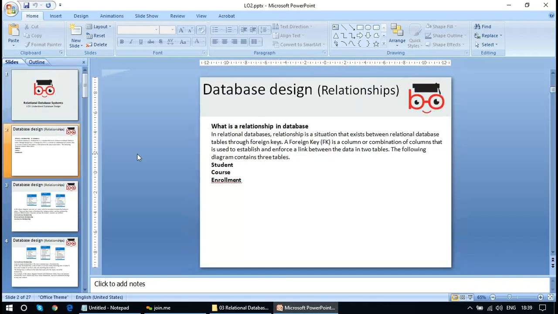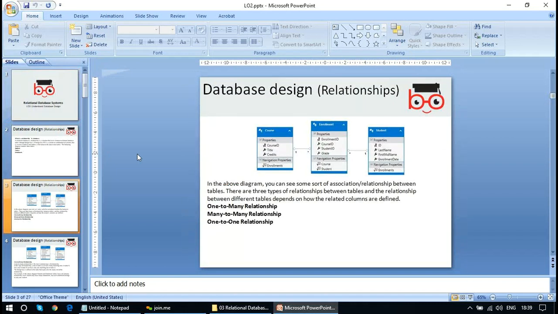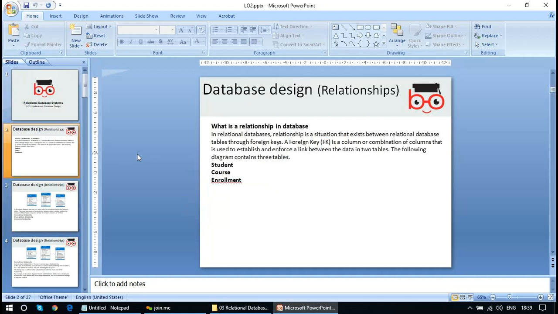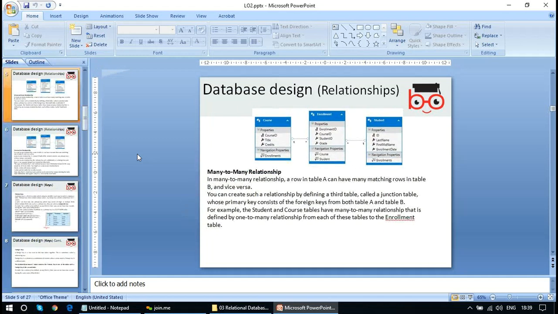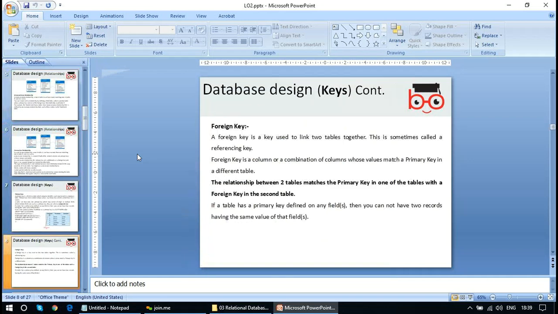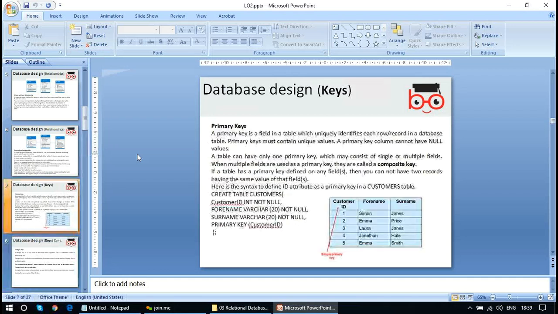You remember we started with the design. Yes, I remember that bit. Yeah, so we discussed some of the relationships, and then we discussed the primary key and the foreign key.